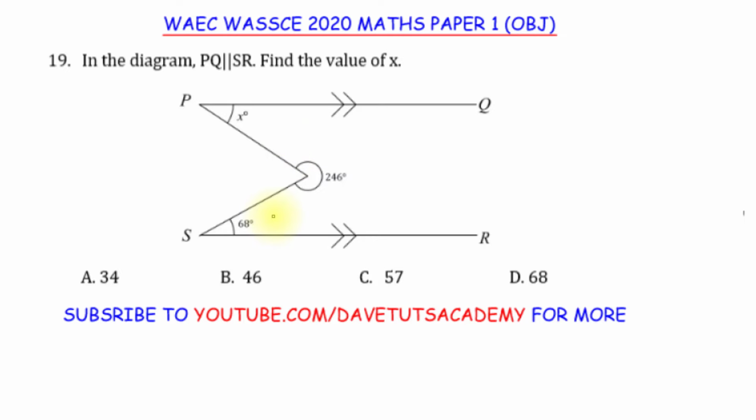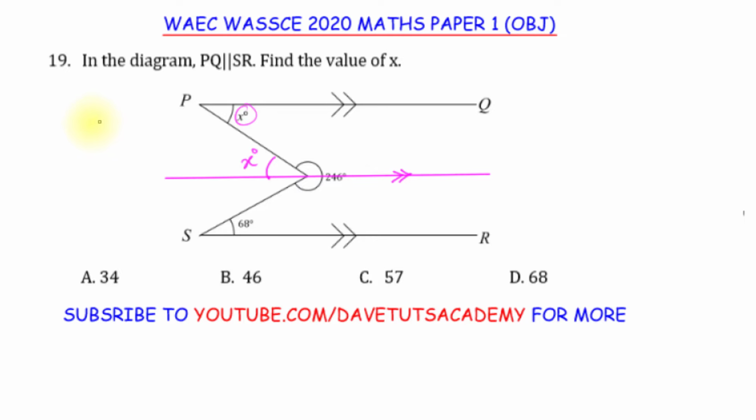Now, depending on your choice, there are a number of ways you can go about trying to solve this. For example, you can choose to draw another parallel line here. Okay, and say this line is also parallel to the two lines PQ and SR. And in that case, if it is parallel, look at this angle X and this particular angle here, they will also be equal because these are alternate angles.